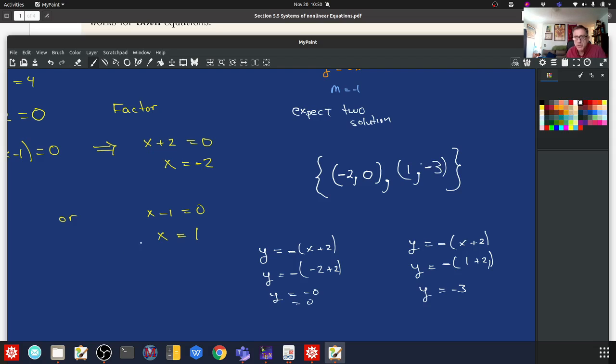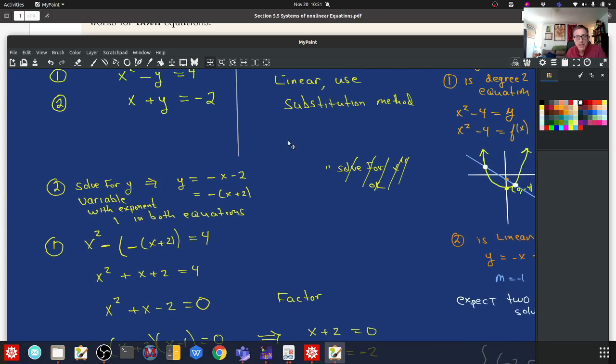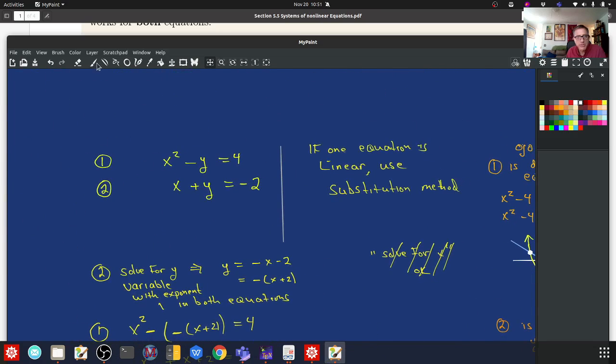So here's my two possible solutions. So let's go back and let's check both of them. Here's my original set of equations. Here's my proposed solution set. Minus 2 and 0 and 1 and minus 3.